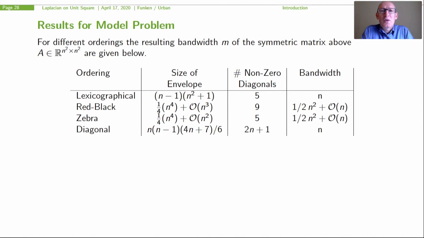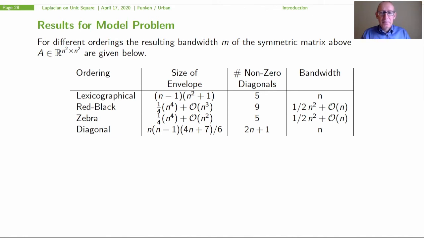If you try to use a solver where you need to store the envelope, you see that the lexicographical ordering needs n to the power 3, and the factor of n to the power 3 is 1, so 1 times n to the power 3, whereas the diagonal ordering is just 2/3 times n to the power 3. So both have the n to the power 3 behavior, but you will save 1/3 if you use the diagonal ordering.